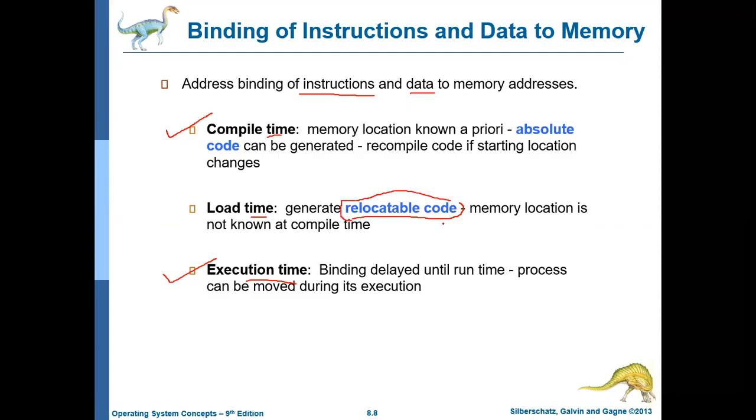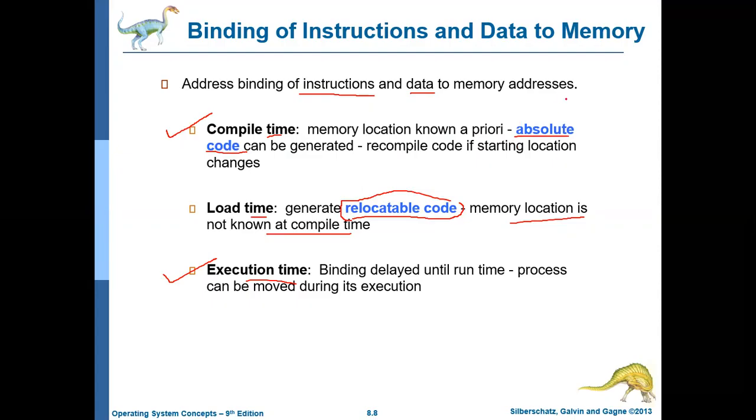Relocatable code will be created if memory location is not known at compile time. Here memory location means the starting memory location where the process is to be loaded. If that is not known during compile time, then relocatable code will be generated. If memory location is known before the compile time itself, then absolute code will be generated.